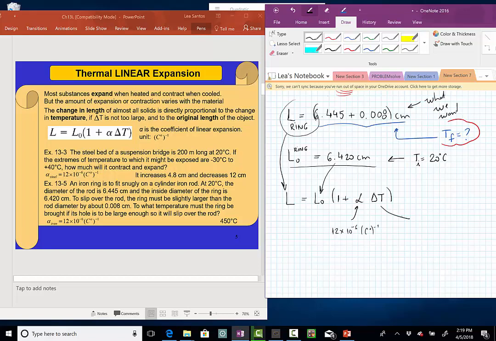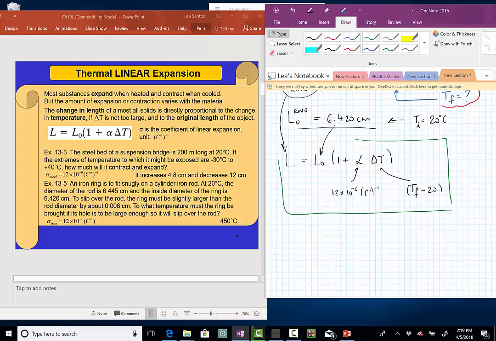And now for the temperatures, what should I put? Well, the final one is what I don't have that I want to find, and the initial is 20. Okay, so that's it. So now what you need to do is solve this equation to find this final temperature. And if you do it correctly, you should get that this final temperature is really high, 450 Celsius.